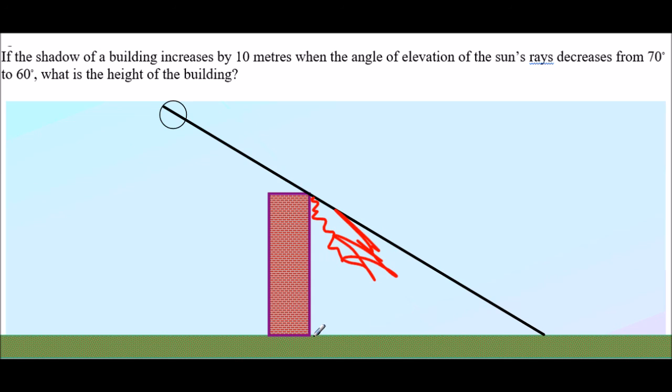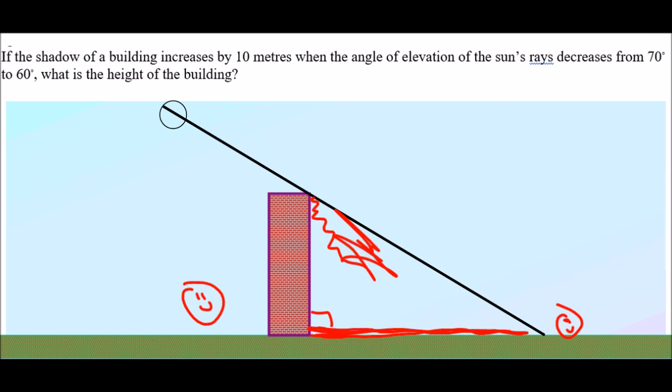So all of this is in shadow, which means that there would be a shadow on the ground because there'd be no sunshine getting to this part of the ground. Sunshine over here, sunshine back here, but here no sunshine because the building is casting a shadow. So pretty clearly, because the sun is 10 degrees further down in the sky, the shadow has changed size.